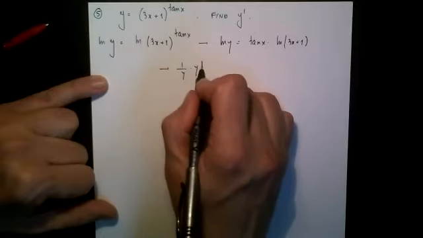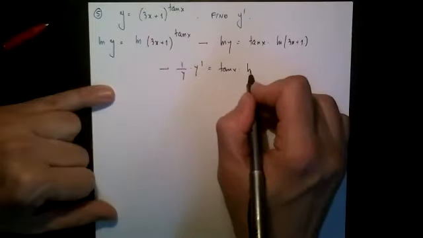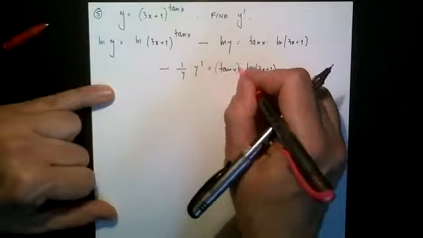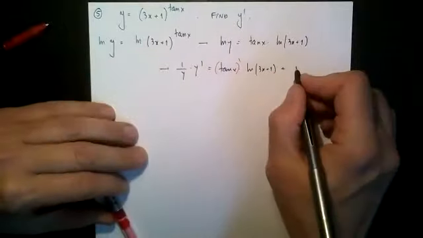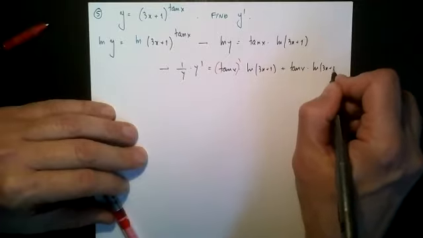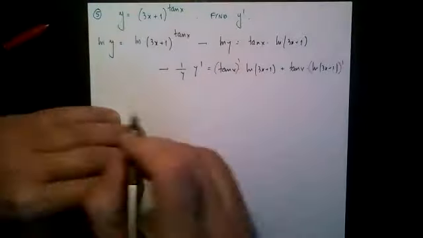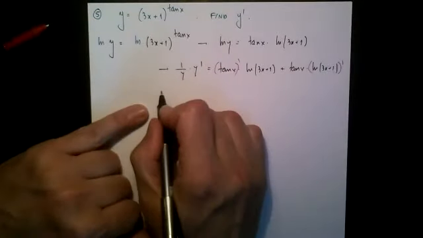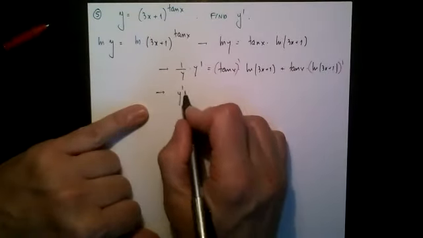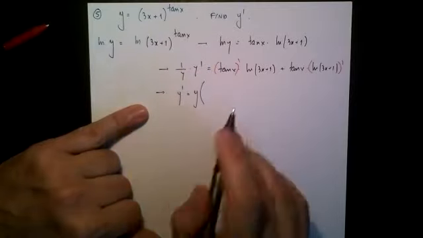1 over y times y prime equals tangent x times ln 3x plus 1, so tangent prime times ln 3x plus 1, plus tan x times ln 3x plus 1 prime. So I'm going to send the y up here right away: y times the derivative.